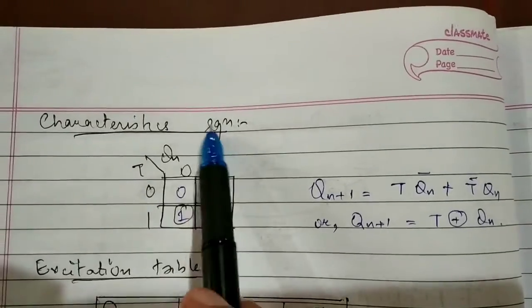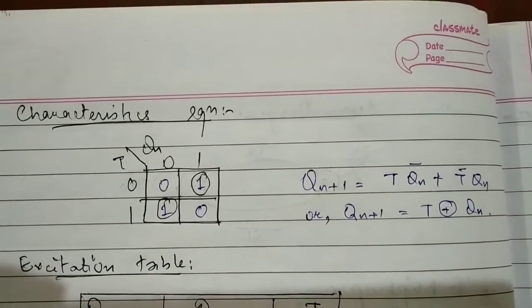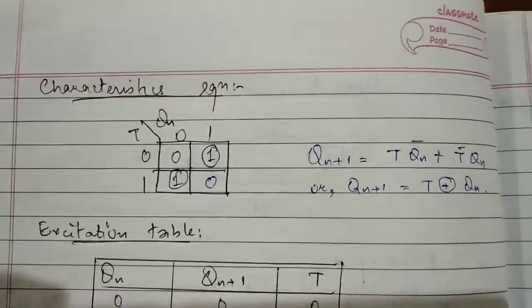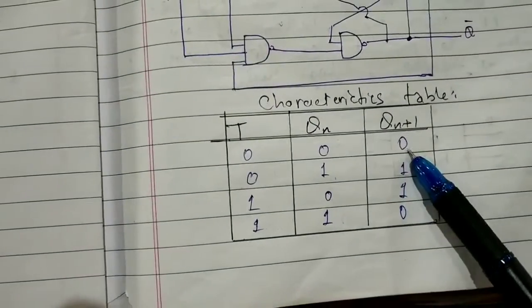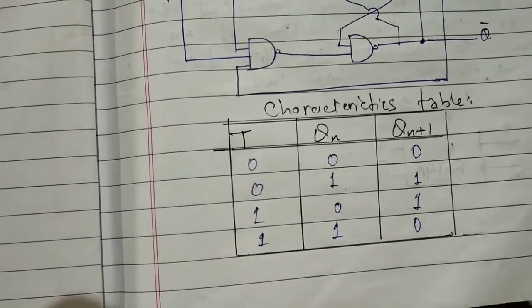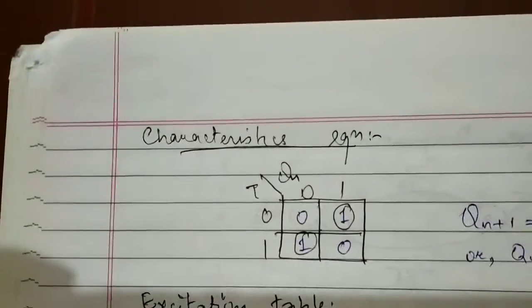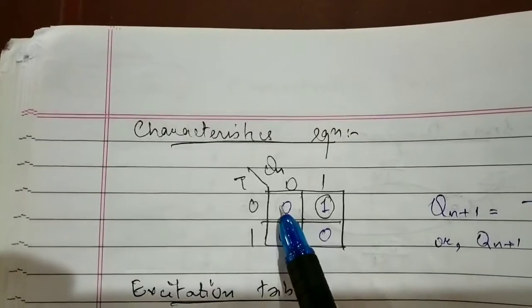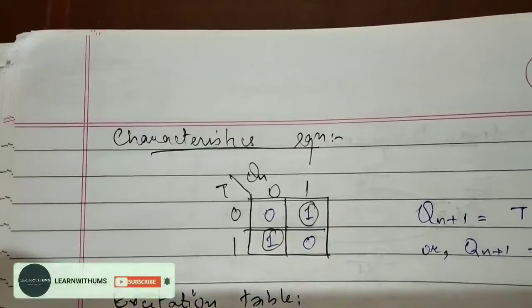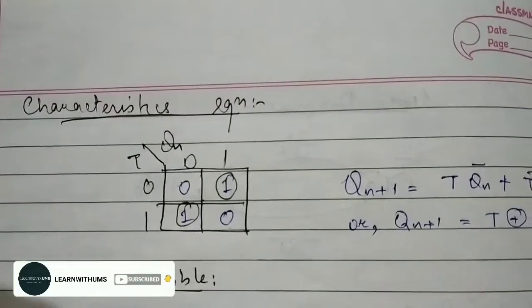Now we get the characteristic equation by solving the K-map from the characteristic table. We have 4 cells. In cell number 0 we have 0, in cell number 1 we have 1, in cell number 2 we have 1, and in cell number 3 we have 0.